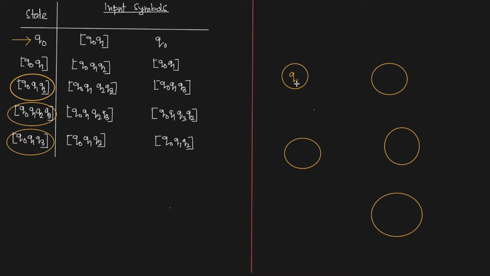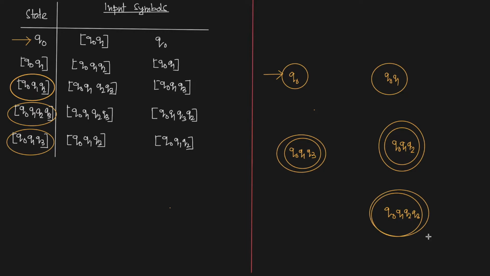Okay, this is our initial state, and our final states are Q0 Q1 Q2, Q0 Q1 Q3, and Q0 Q1 Q2 Q3.